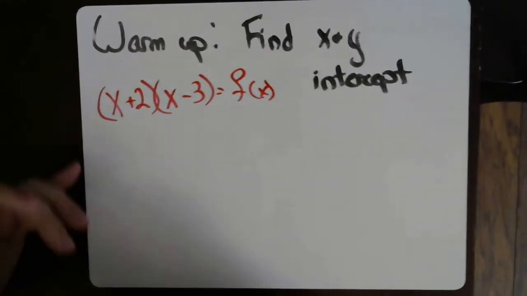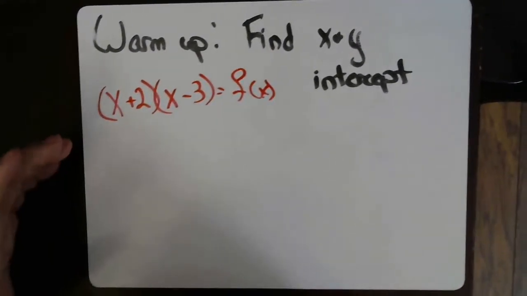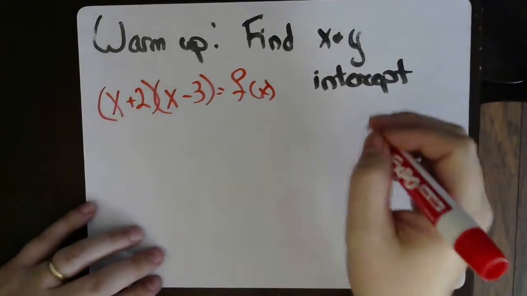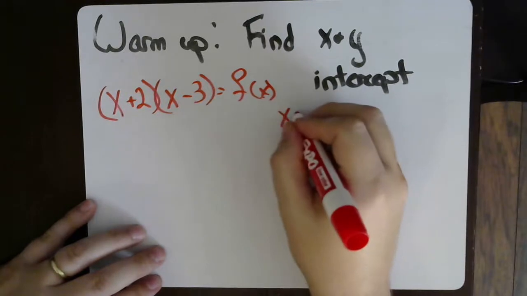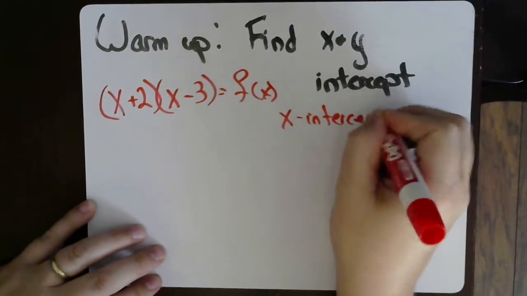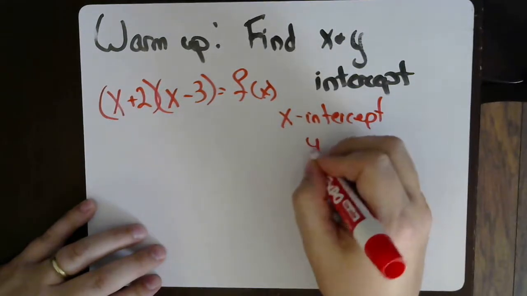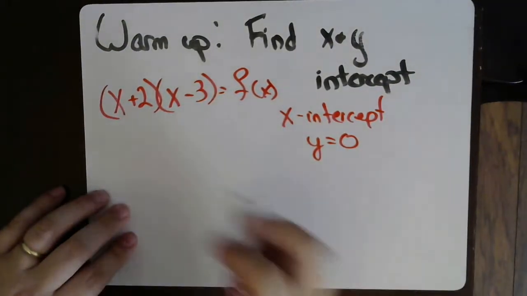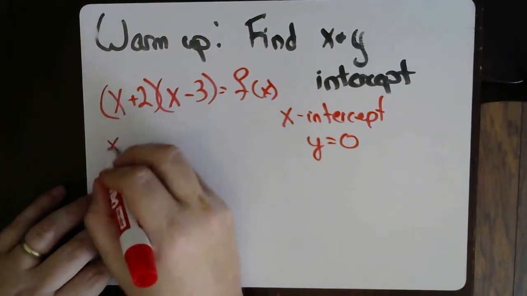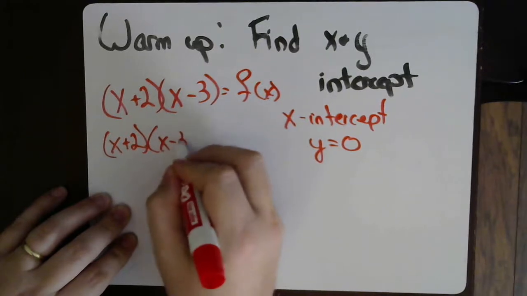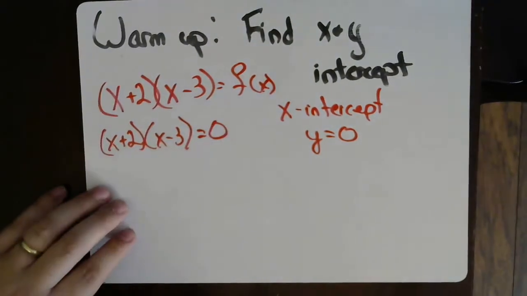Now, if we FOILed already, you can FOIL this out, but really this is actually the best way of doing it. So let's go ahead and find our x-intercept. Again, what is our x-intercept? That is when y is equal to 0. Now this is where people are going to get confused. So x plus 2, x minus 3 is equal to 0.